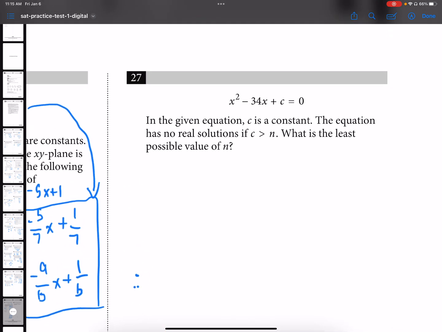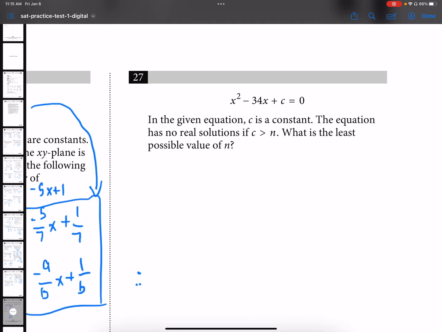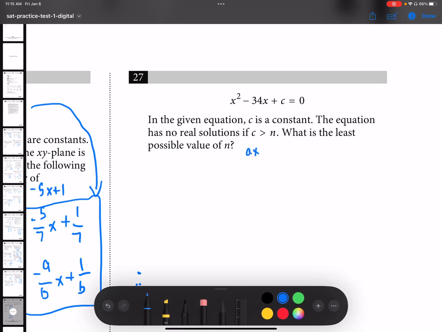Okay, last question. In the given equation, c is a constant. The equation has no real solutions if c is greater than n. What is the least possible value of n? Now, it's a quadratic equation of the form ax squared plus bx plus c, which is equal to 0.